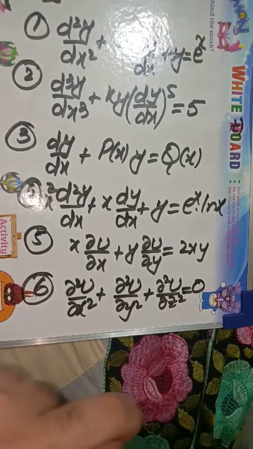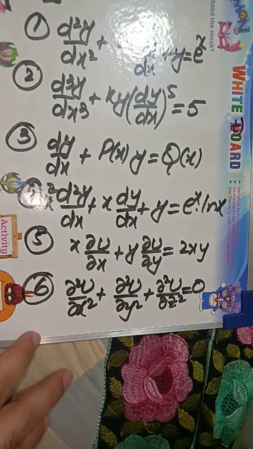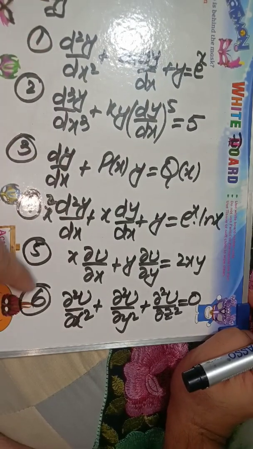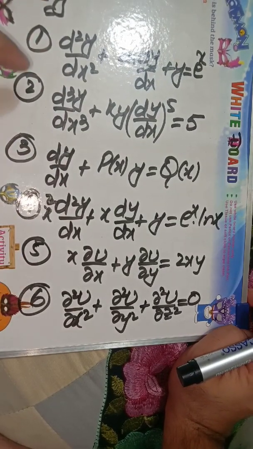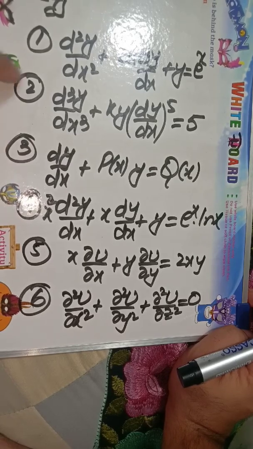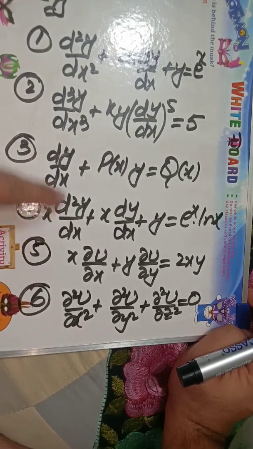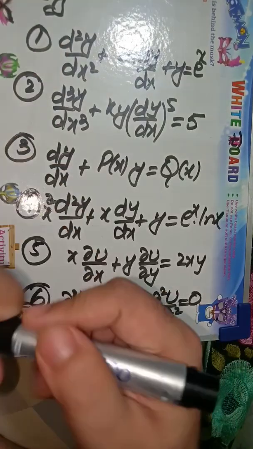So these are 6 examples of a differential equation, from which 4 examples are for ordinary derivatives.